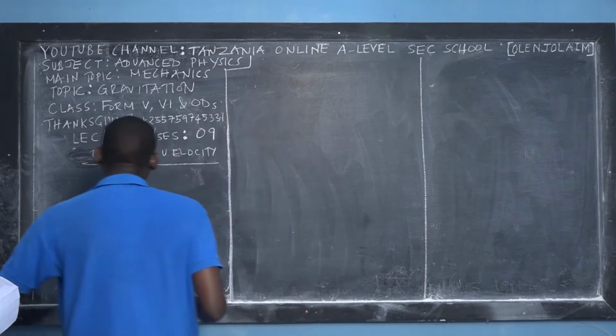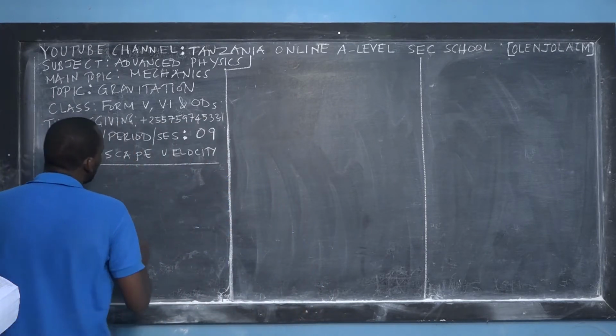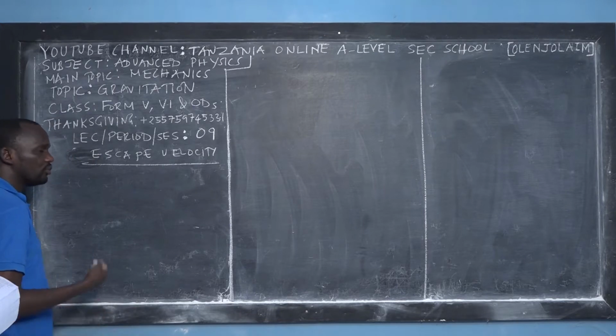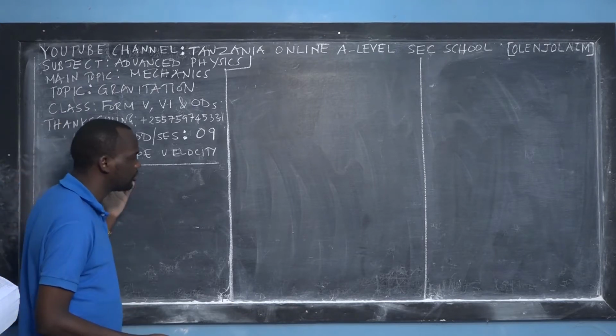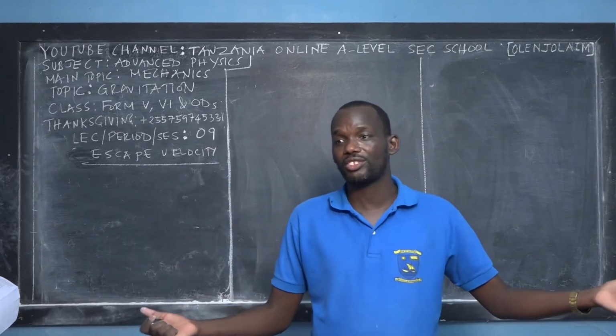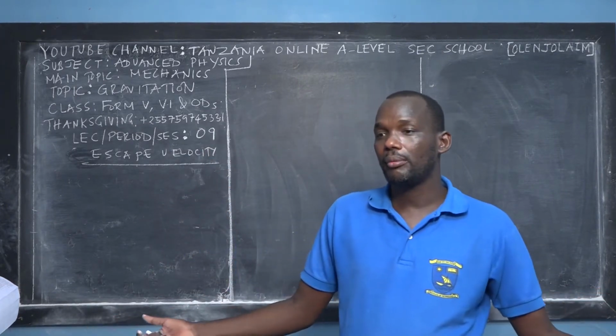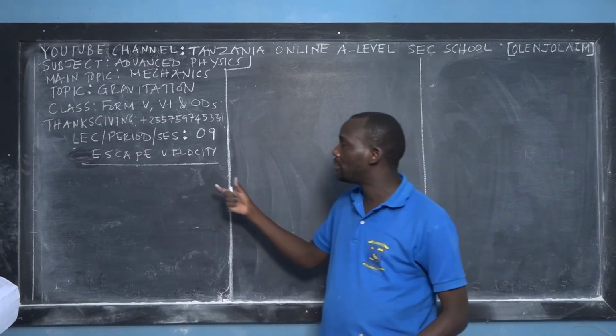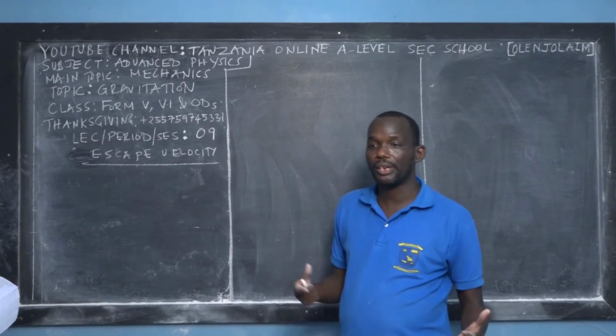I believe that you did the homework that I left in session, or lecture, or period 9. It was a very fantastic homework, because you know that you don't like these materials. Maybe you defined what escape velocity means, and then you ended there. But that's not the end. Escape velocity contains a lot of things, and it's a very important concept in gravitational mechanics.